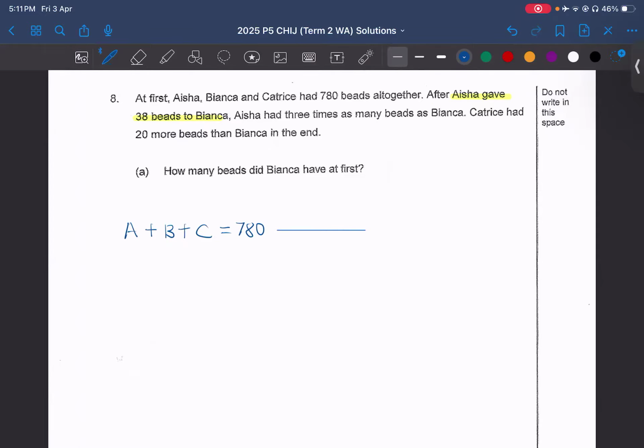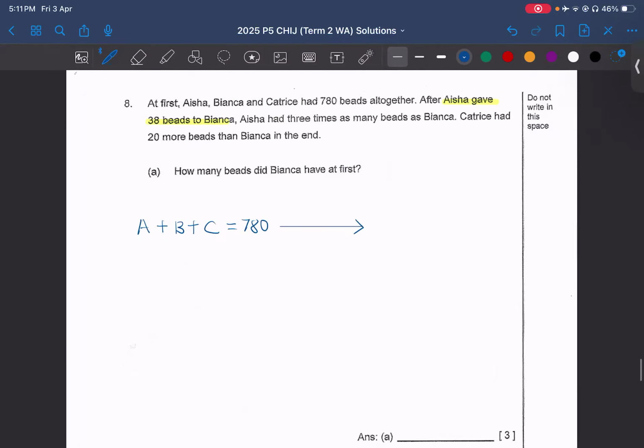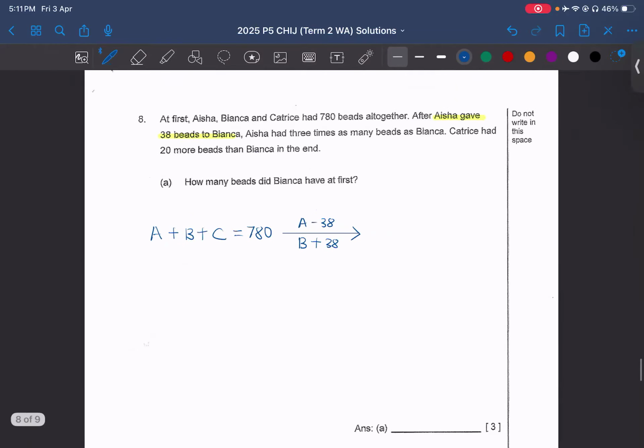And in this case, there is a change. So I'm going to use the arrow to represent change. Aisha gave 38 beats to Bianca. So Aisha, A, minus 38 beats, and Bianca, which is B, plus 38 beats. And then what they have at the end is Aisha has 3 times as many beats as Bianca. So I can draw the comparison model between Aisha and Bianca.